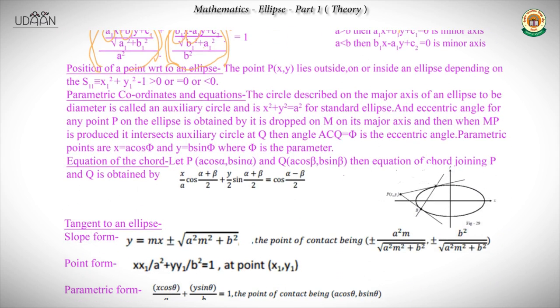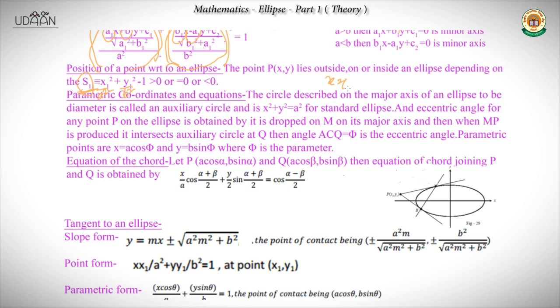So let us study some other properties of the ellipse now. Now we'll learn how to determine, same as what you studied in parabola and circle, and in every conic, the position of a point, whether it's outside the ellipse, on the ellipse, or inside the ellipse. So again we will be using S11 here. S1 here will be x1 square by a square plus y1 square by b square minus 1.